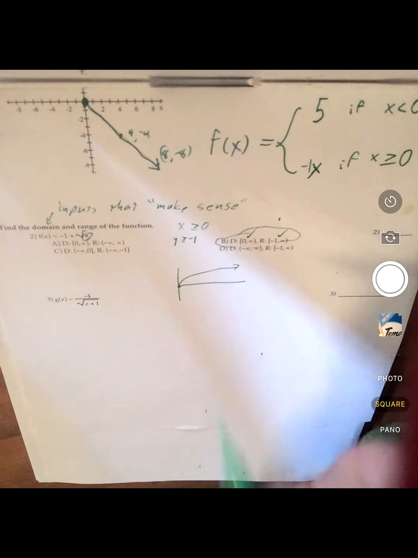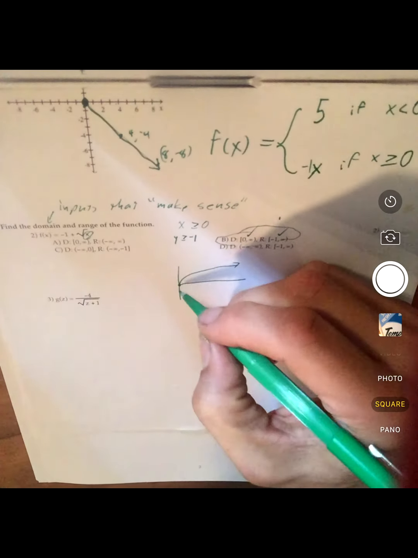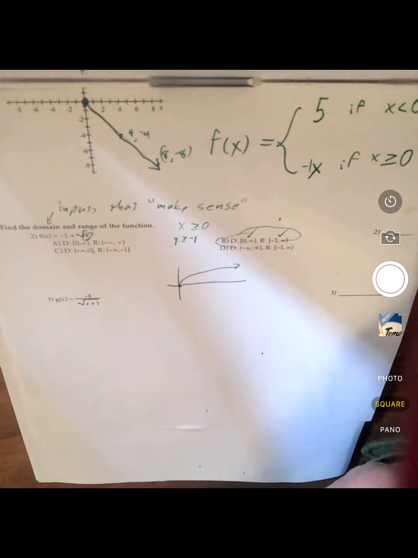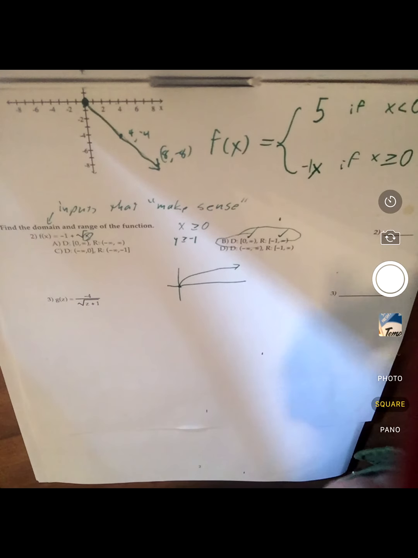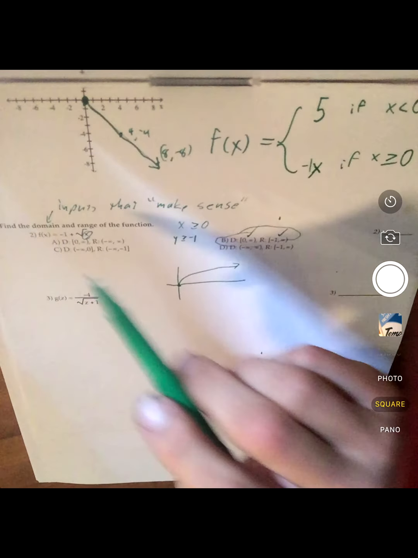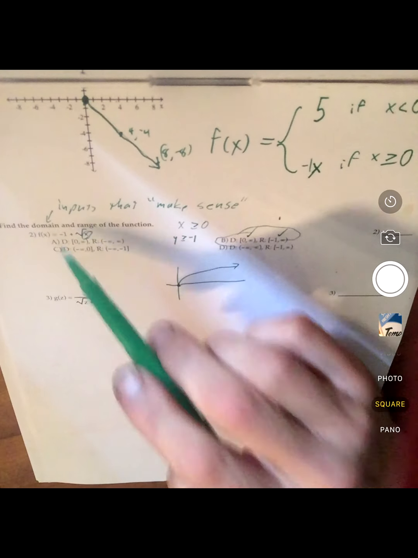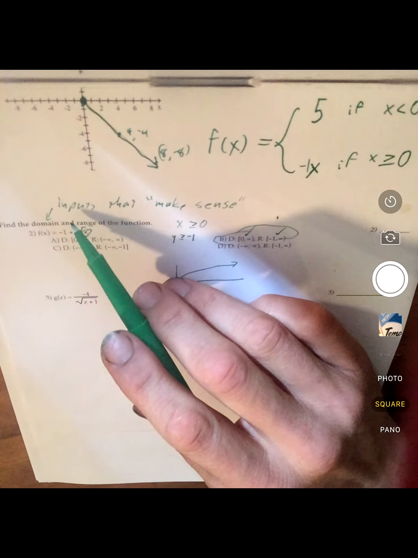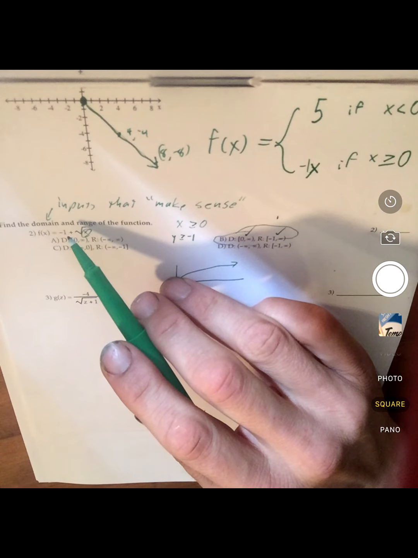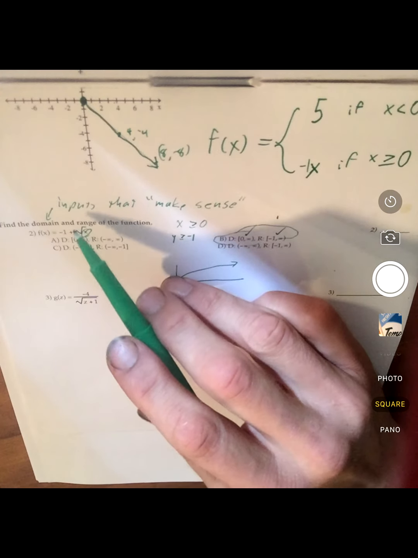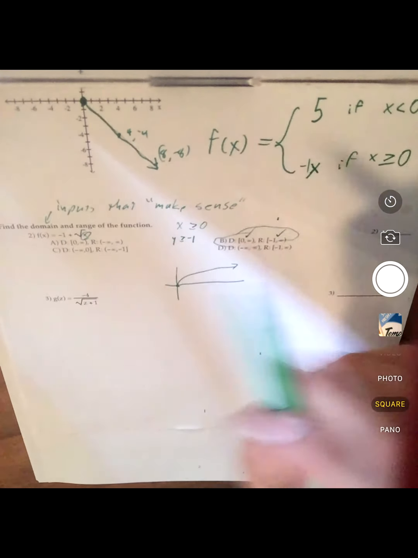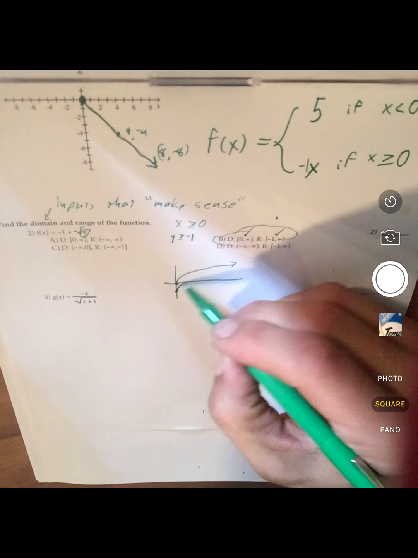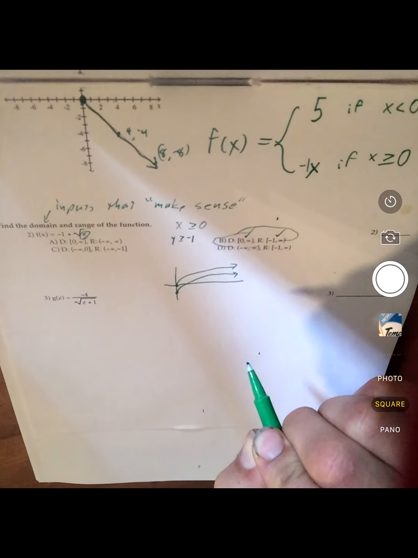So the domain and range is built into that picture somewhere right there because you're going to start at the origin and go this way. -1 plus that, well, if you think about adding a constant to a function, that just moves all the y values by -1, right? That's a vertical shift is what we would call it in algebra and pre-calc. So you take the graph of your basic function and shift it down 1. That's going to start down here and go this way. It's just moved down 1.